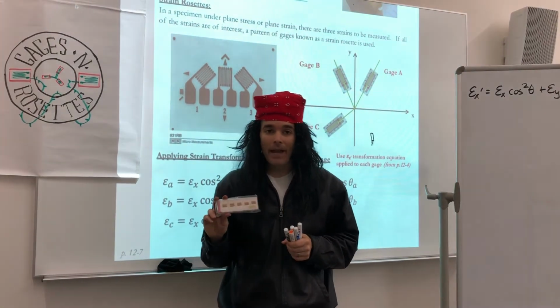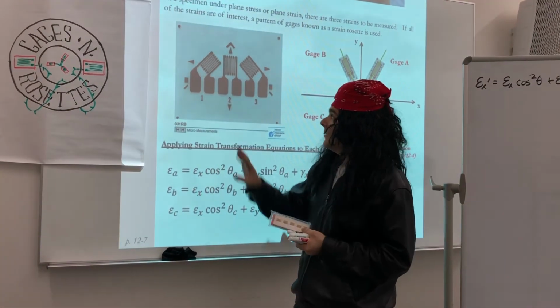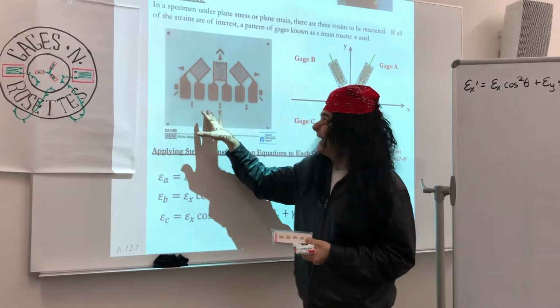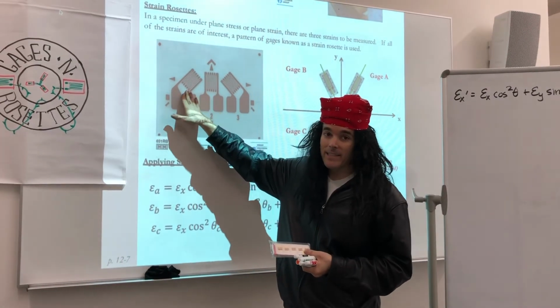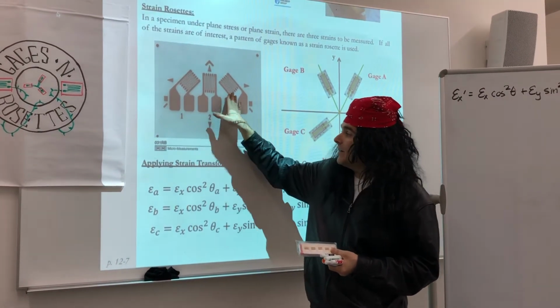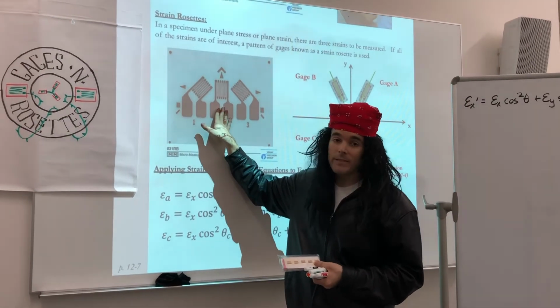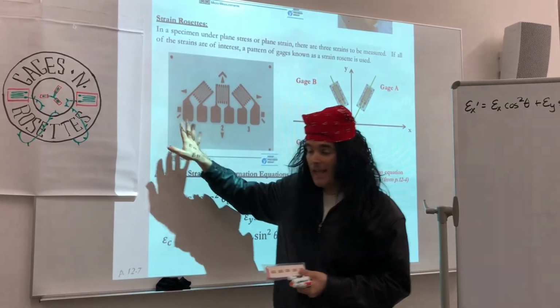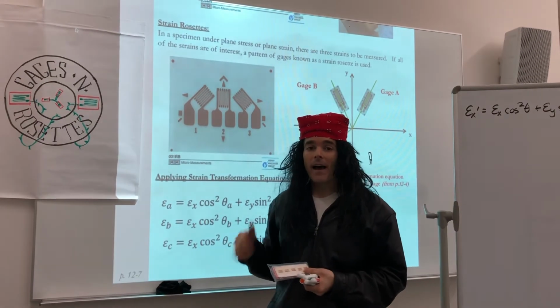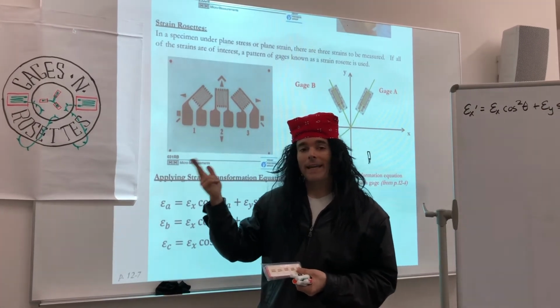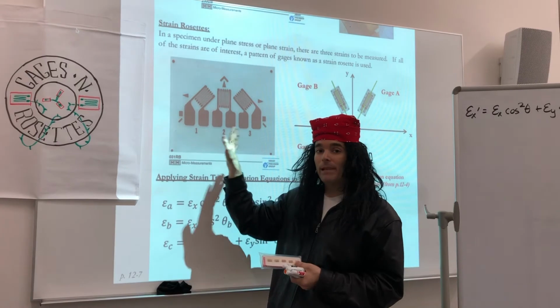That's the idea behind a strain rosette. So in a strain rosette, we have 3 strain gauges. And what that's going to allow us to do is, once we apply a rosette on a particular plane, we are able to identify epsilon x, epsilon y, and gamma xy in that plane.